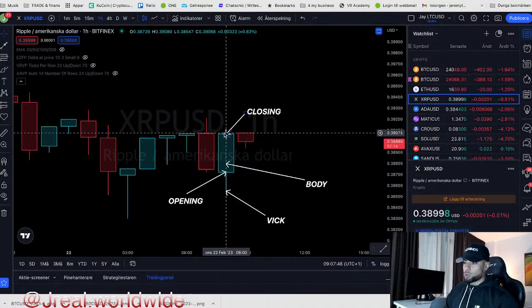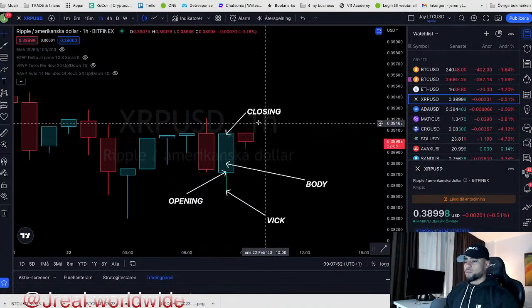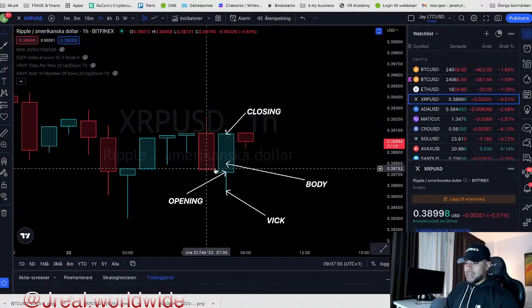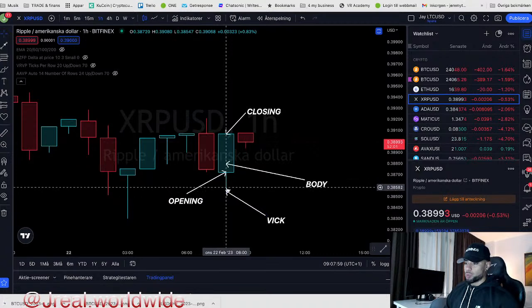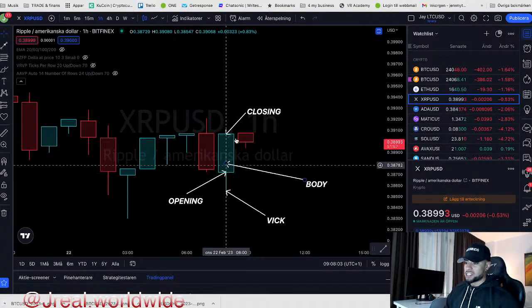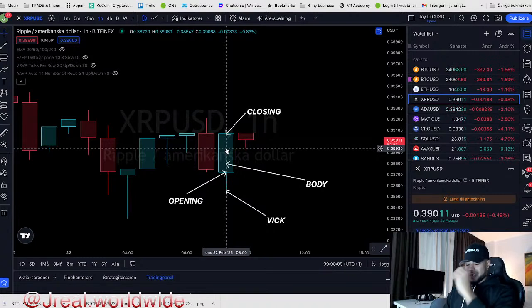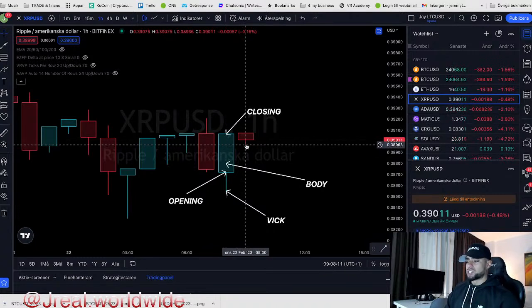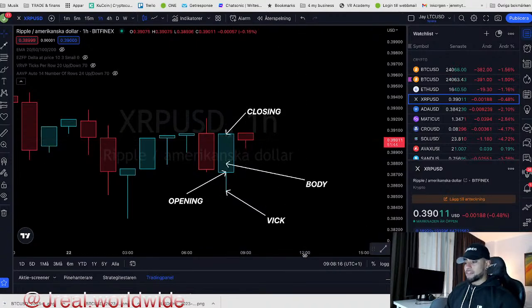Retrace a little bit and close here. When this one closed, the next one opened and closed down here. So I hope you're with me here. Candle opens here, goes down, creates this wick, but then moves up again and closes up here. Therefore, this is the body and this is the wick. The wick represents the moving range outside the opening and closing range during this candle's lifetime. And we're going to talk about lifetime very soon.